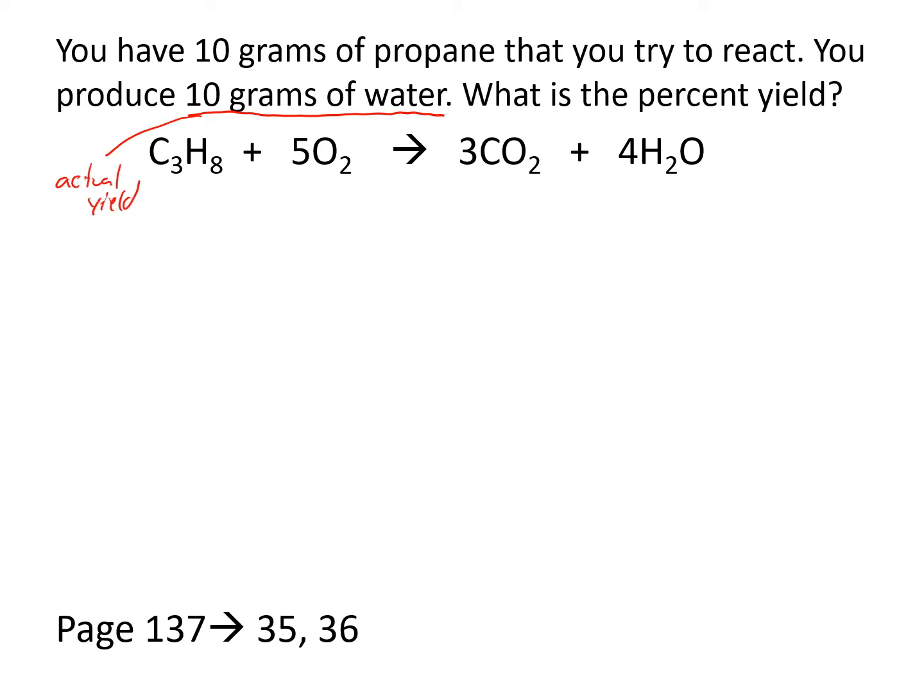So what I need to do is figure out what is my theoretical yield of water. I'm going to find my theoretical yield by taking my 10 grams, and I probably should have chosen 10.0 grams for sig fig reasons, but 10.0 grams of propane, C3H8, and I'm going to change that into moles, so 1 mole, and the molar mass of C3H8, 12 times 3, plus 8, is 44.